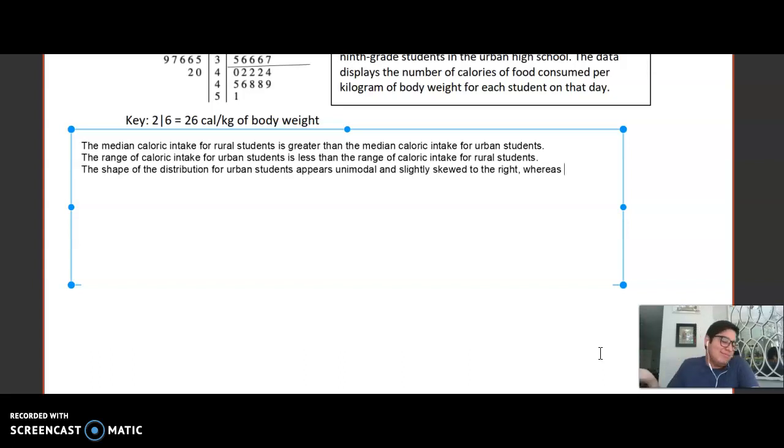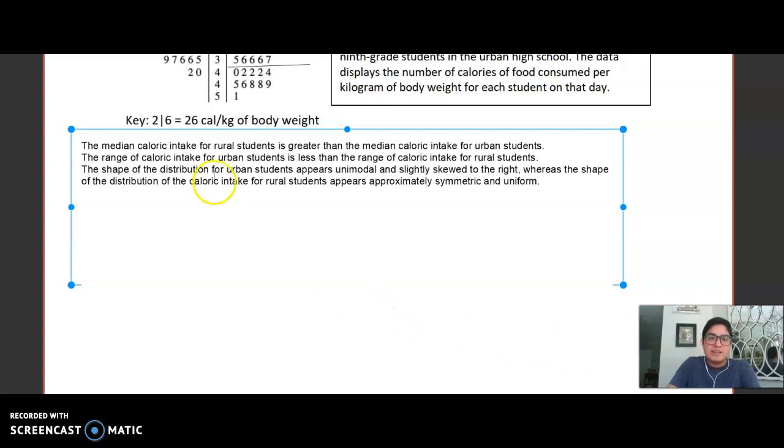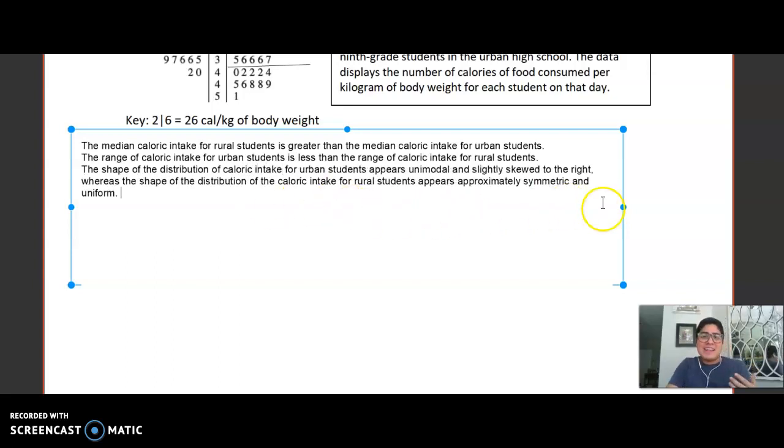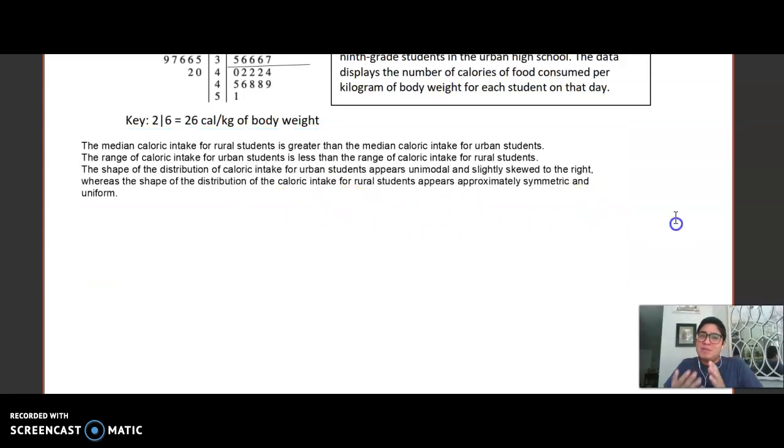Like, no. So, whereas the shape of the distribution of the caloric intake for rural students appears approximately symmetric and uniform. And look, I forgot my context here. The shape of the distribution of caloric intake. And like I said, there were no notable gaps or outliers, so I'm not going to comment on those.